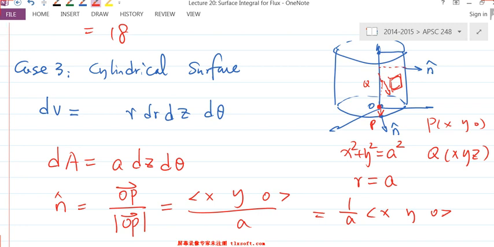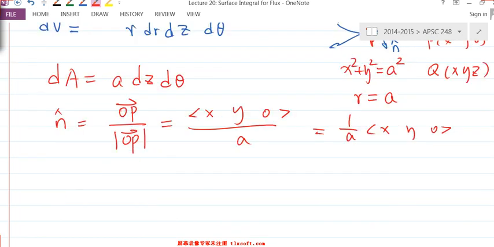All right? So you have a dA, you have the n hat, and now you basically pretty much solve everything, but we still have a mixture of x, y, and z, theta. So what we need to do is change this x.